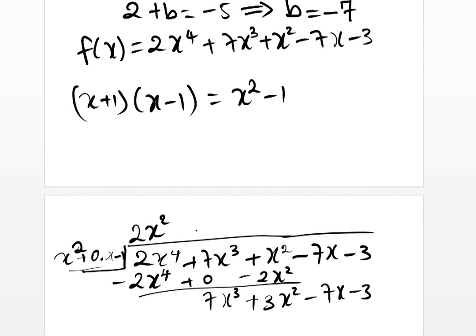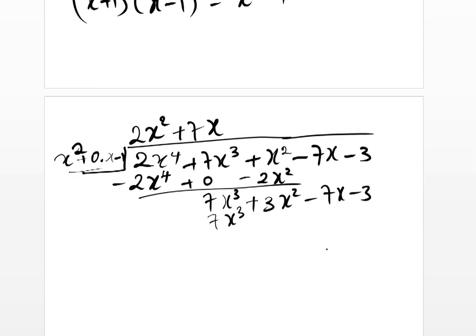7x cubed divided by x squared is 7x, so plus 7x. 7x times that gives 7x cubed, minus 7x.